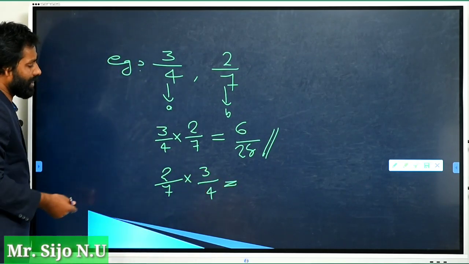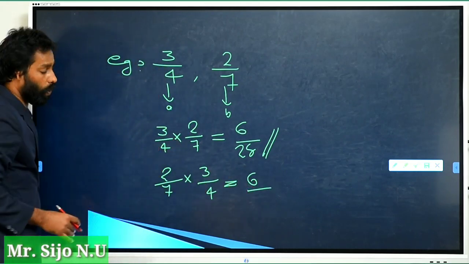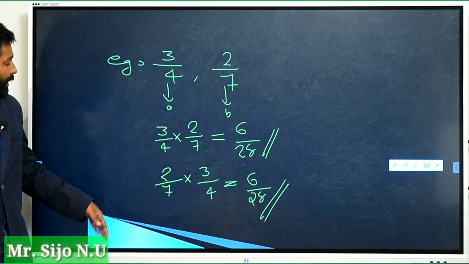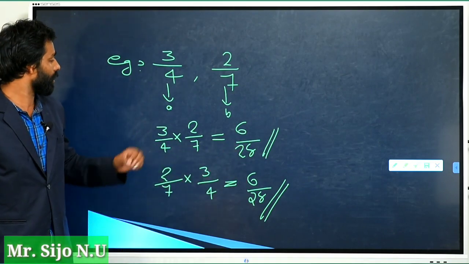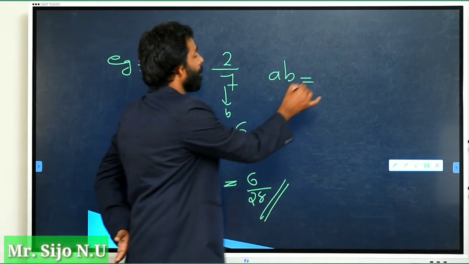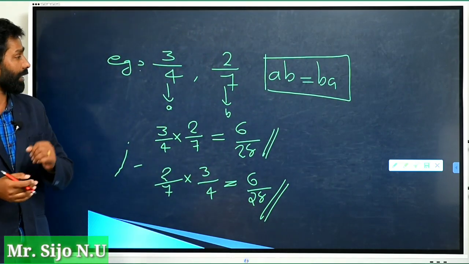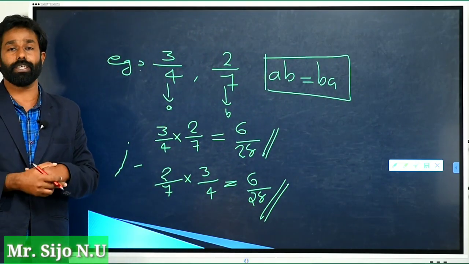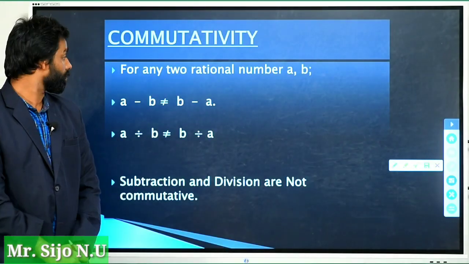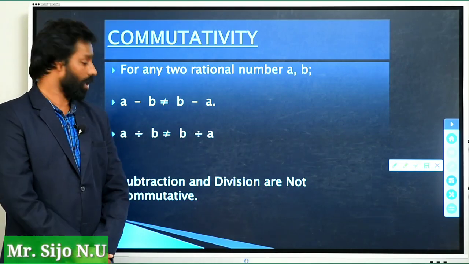Check what is the result. 2 into 3, that is 6, divided by 7 into 4, that is 28. See, in both cases the answer is exactly the same. That means a into b is exactly the same as b into a. Therefore, we can say in the case of multiplication it is commutative. In the same way in the case of addition also.